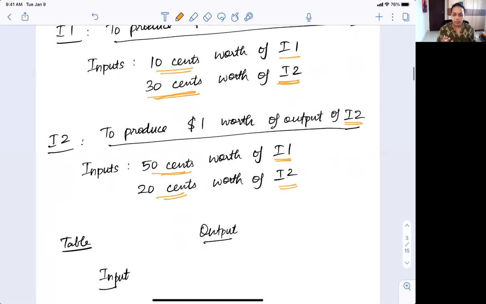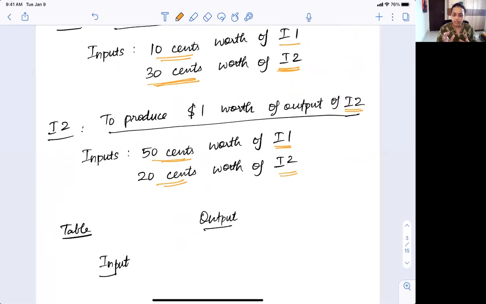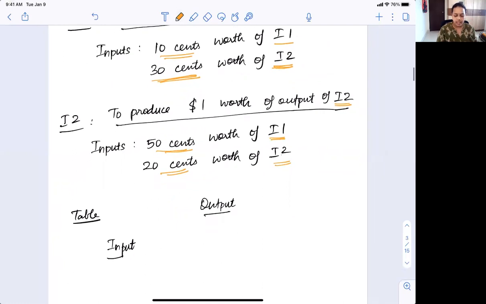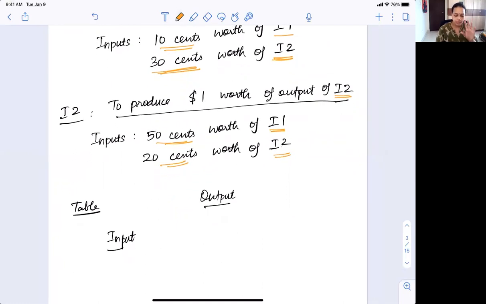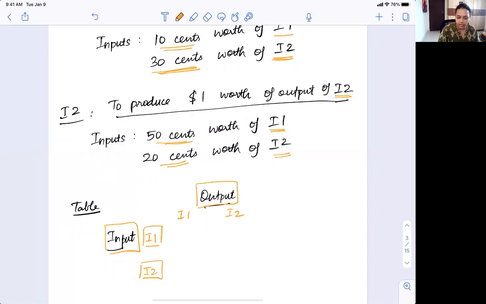A straightforward way to conceptualize this is to put it in the form of a table. Now, if we measure inputs in the rows and output in the columns, so let's say we have the output of industry 1 here, the output of industry 2 here, and these are the inputs that are flowing out of industry 1, inputs flowing out of industry 2.